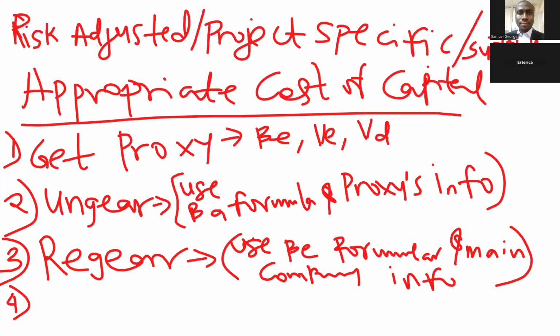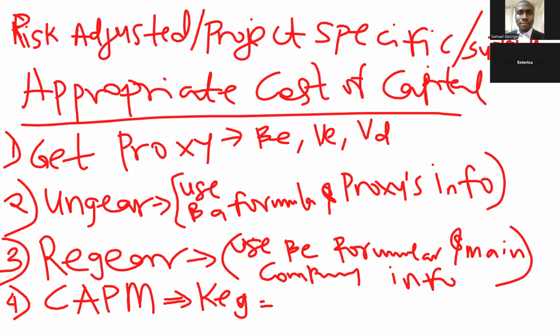Step 4, you are going to cap it. The beta equity you got in step 3, you will now put it in the capping formula, which is KEG, cost of equity geared, which is equal to risk-free plus beta equity that you got in step 3, times market return minus risk-free. So that is the premium.